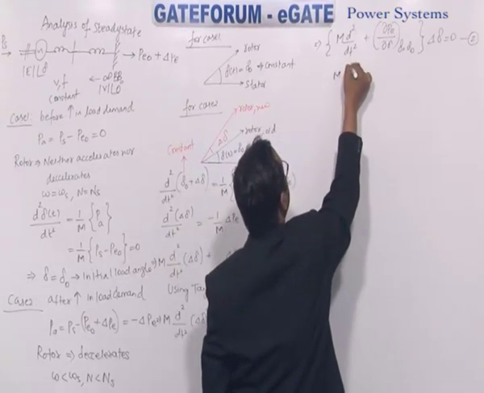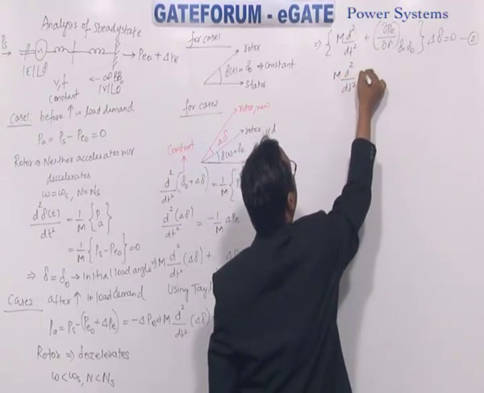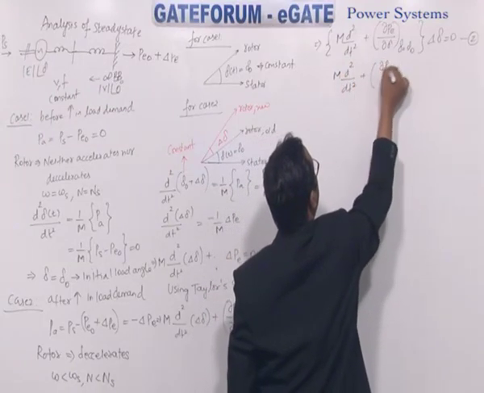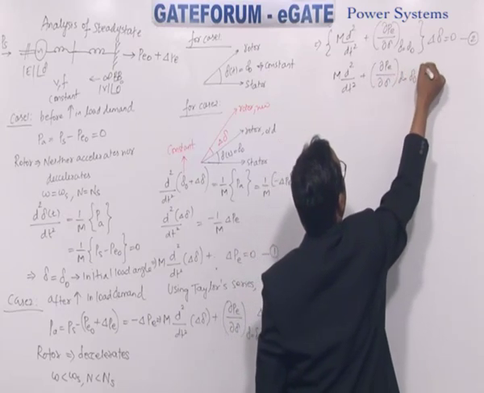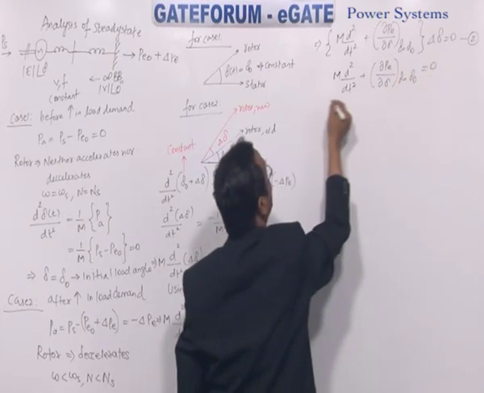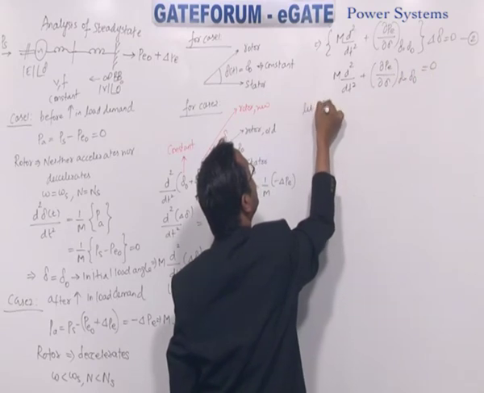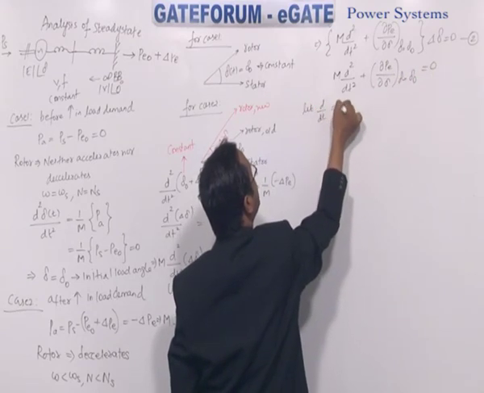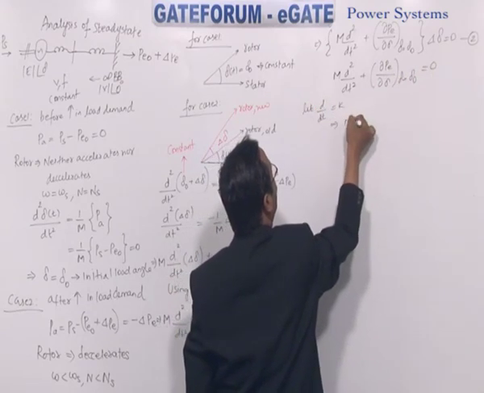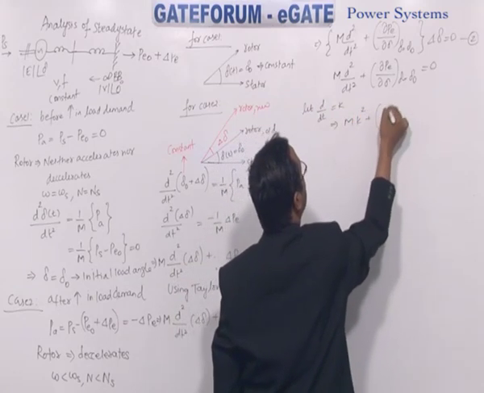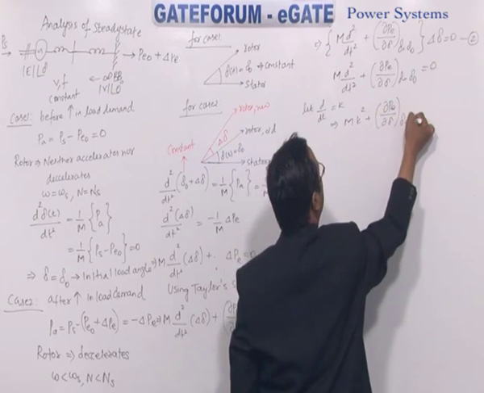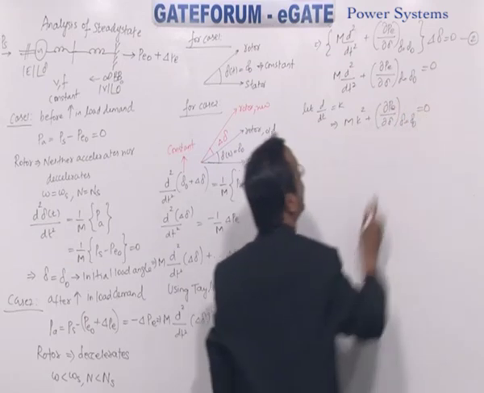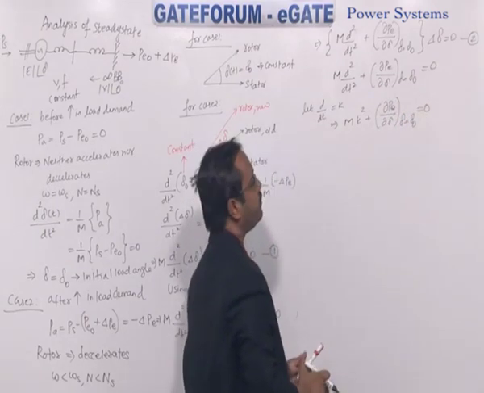What is it? M d²/dt² plus ∂Pe/∂δ is 0. Now you say this d/dt as k. So how much? Mk² plus ∂Pe/∂δ equal to 0.